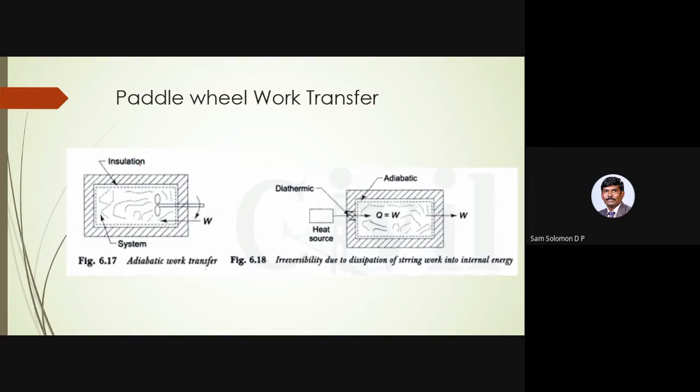So we assume that the internal energy of the gas is raised once again. So when I raise the internal energy of the gas, it should be converted to work.